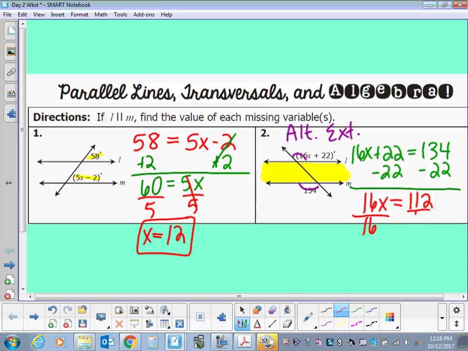Divide by 16, what does x equal? Seven. X equals 7. Guys, get into a habit of boxing your answers or circling, because I don't want to have to search for your answers on your test.